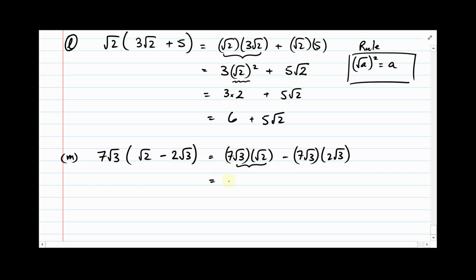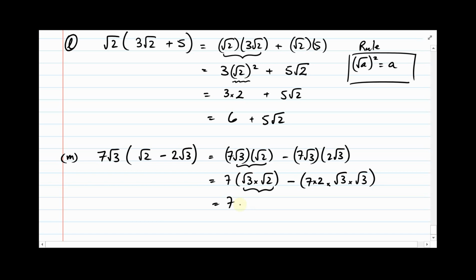When we combine these, root 3 times root 2, and here we can write this as 7 times 2 times root 3 squared, or root 3 times root 3, as it's given.